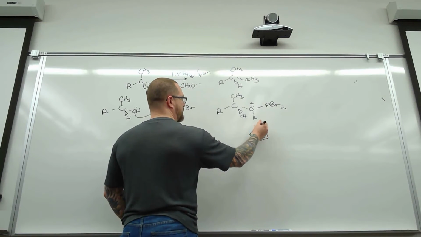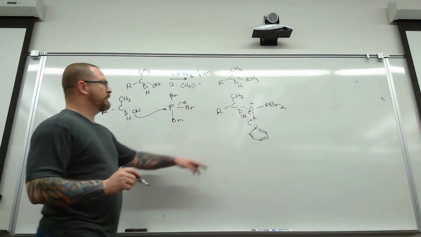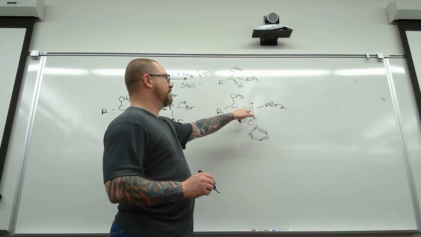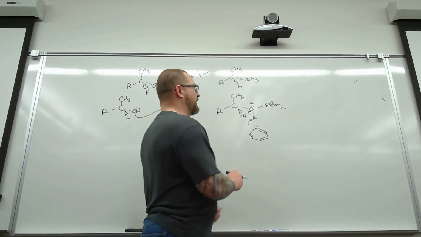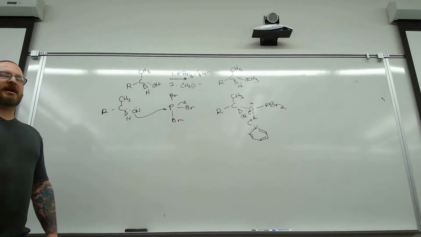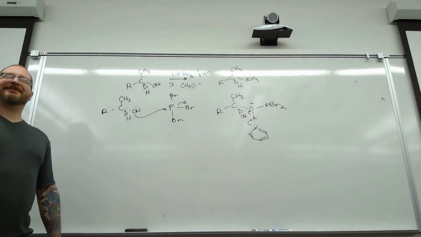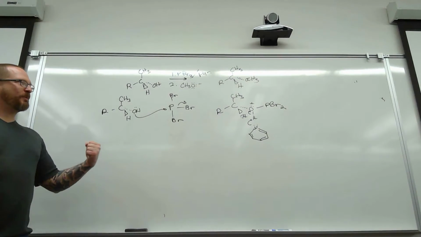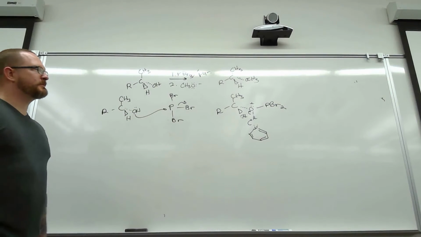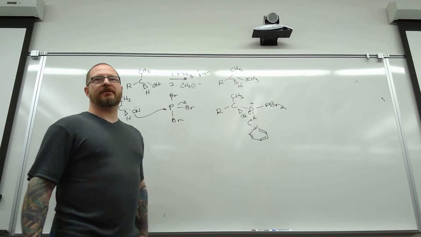So to get rid of that positive charge, you have to have the pyridine acting as base, pull off that hydrogen, and put that back on. So you just skip that step in the mechanism? Yes, you just assume it happened. And then, once that's gone, the bromine that got kicked off can come in and do the SN2.